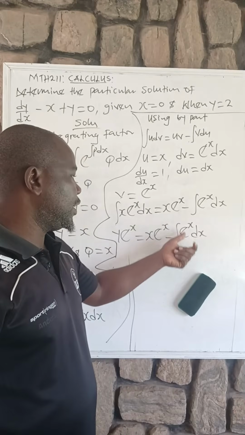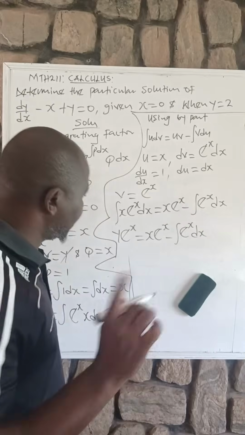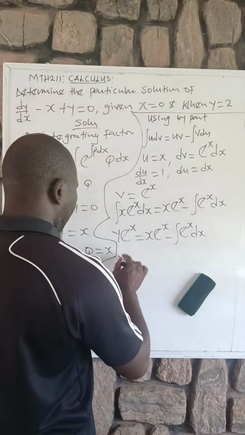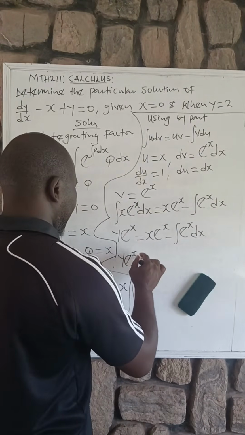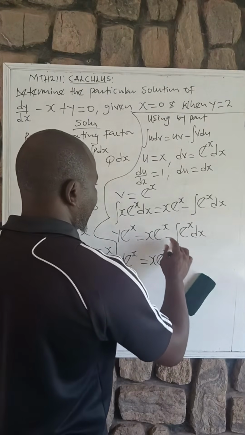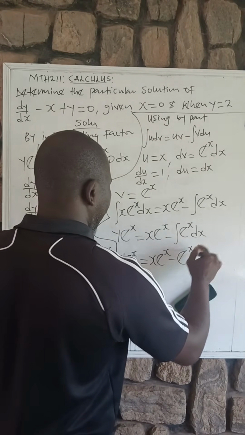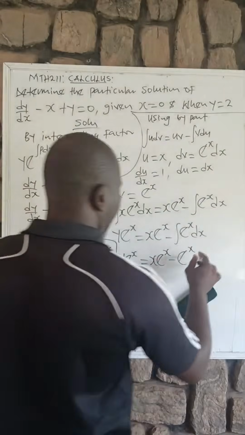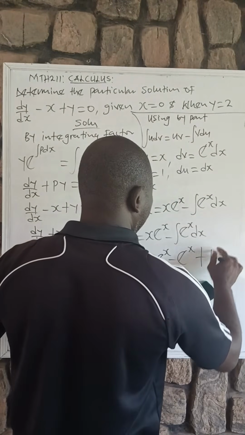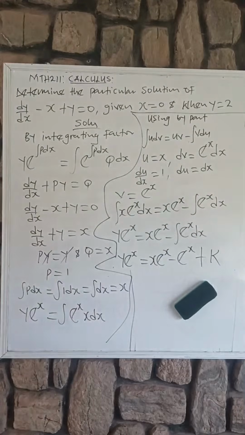So when we integrate exponential x dx, we are going to have exponential x. Take note. So far so good. Y exponential x equals x exponential x, then when you integrate, minus exponential x plus any constant, say k. Is that clear? Are you following?